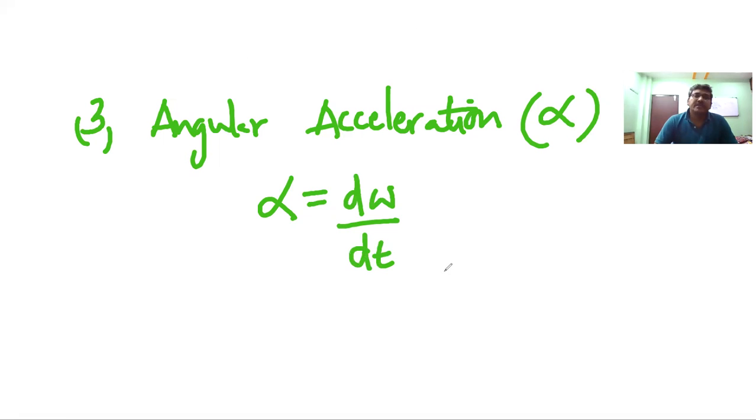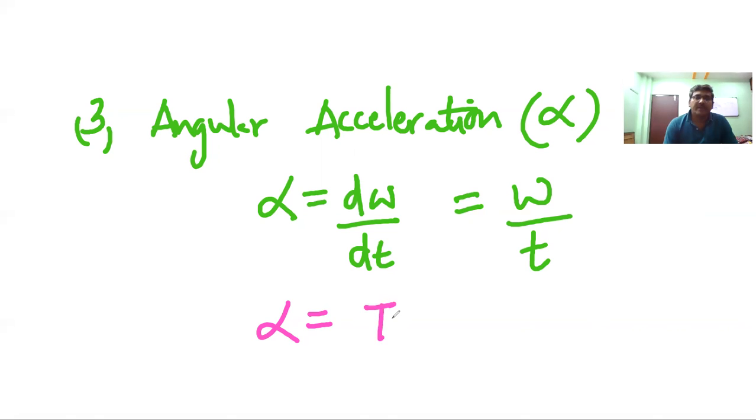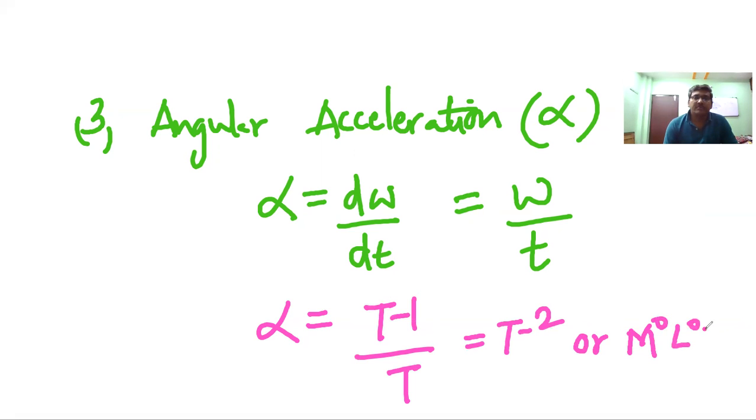Angular acceleration is rate of change of angular velocity with respect to time, or simply omega by time T. So alpha is equal to angular velocity, whose dimension formula we just saw, T minus 1, divided by time T. So it is T minus 2, or simply M to the power of 0, L to the power of 0, T to the power of minus 2.